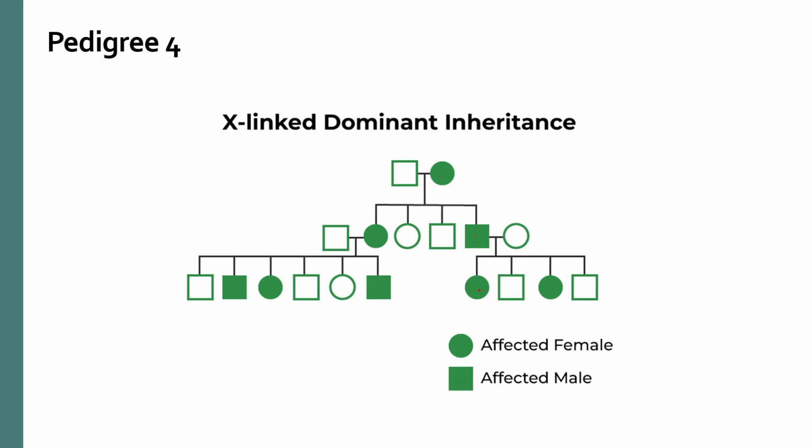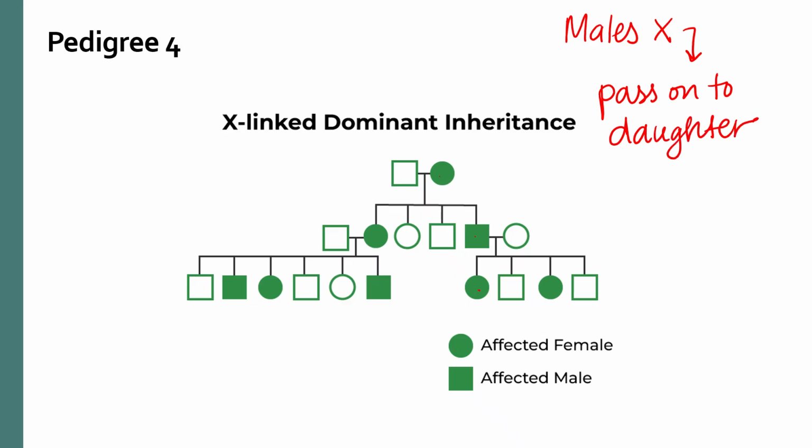But in X-linked dominant, because males pass on an X chromosome, males pass on to daughters, but never to sons. All right, so females can pass to either.